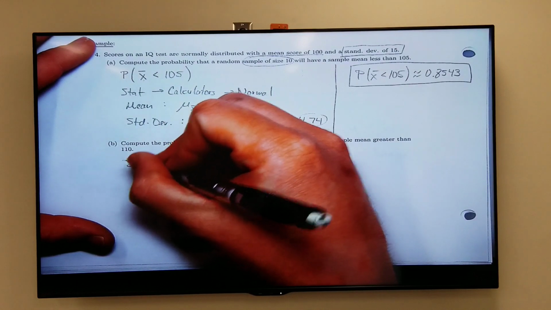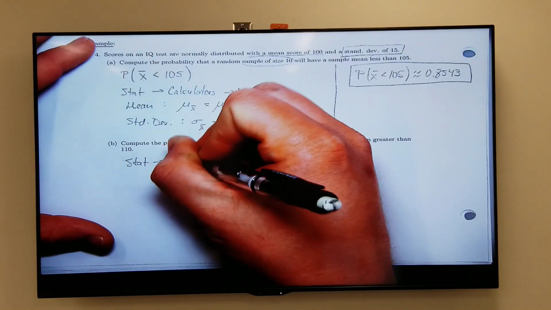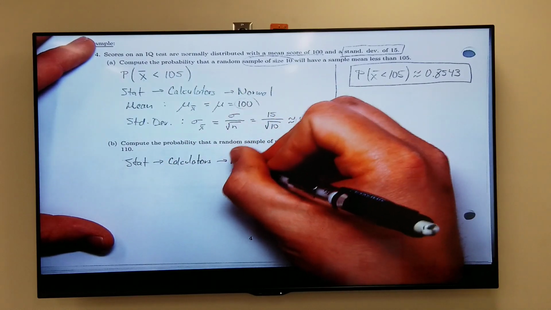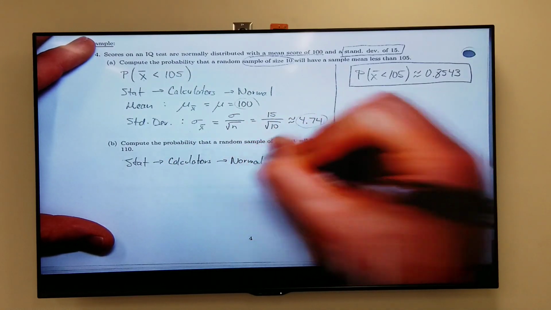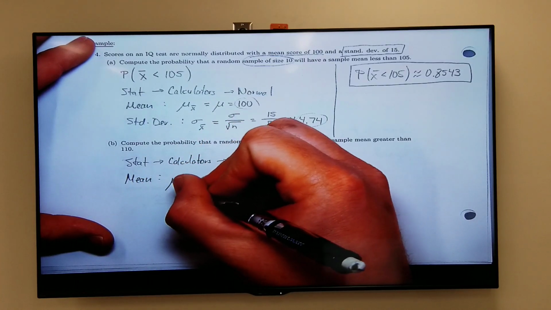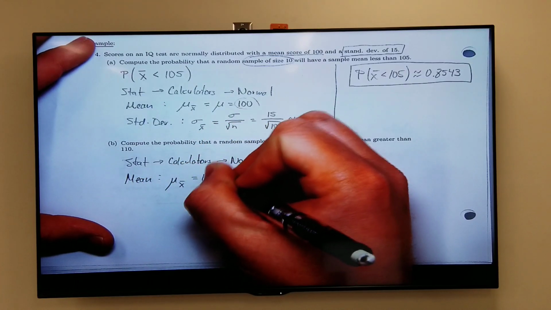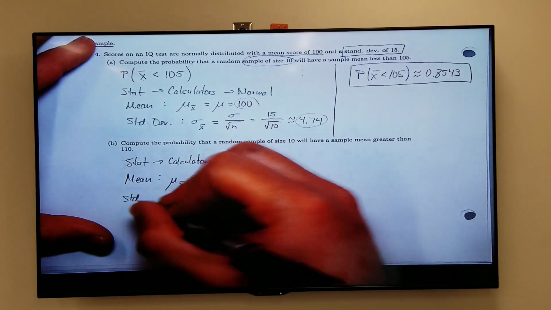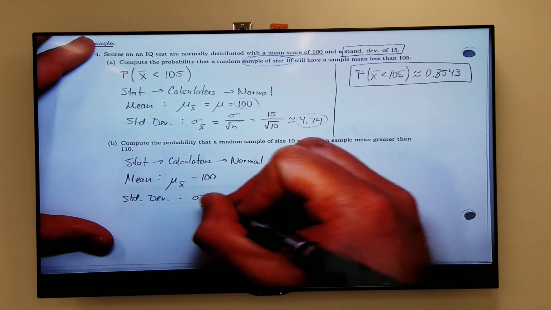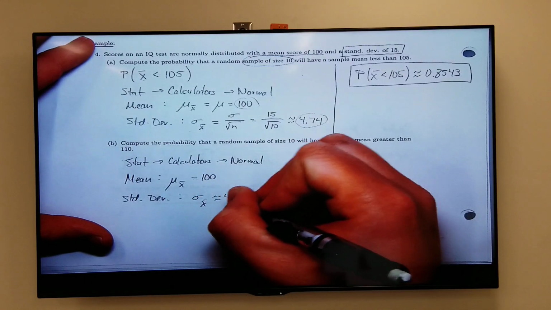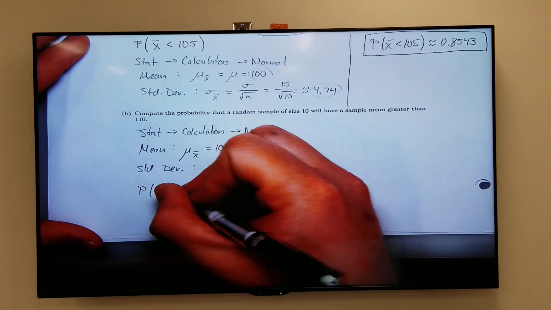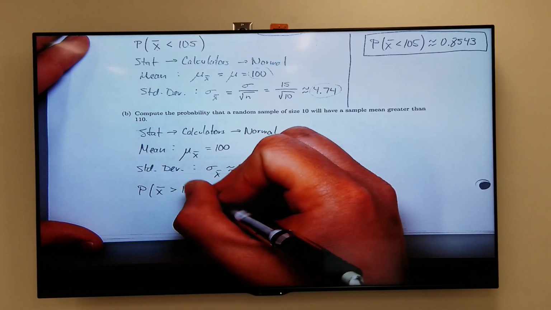We're going to go to stat, calculators, normal. For the mean, we're going to put in mu sub x bar, which is 100. We know that because we already did this in part A. We already did all this work. Sigma sub x bar we know is about 4.74. And then we want the probability that x bar is greater than 110.